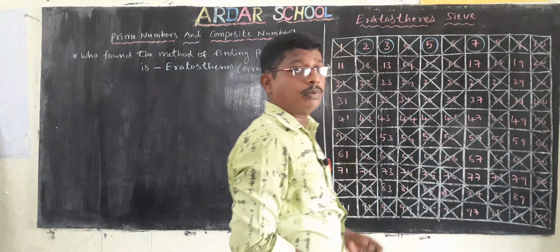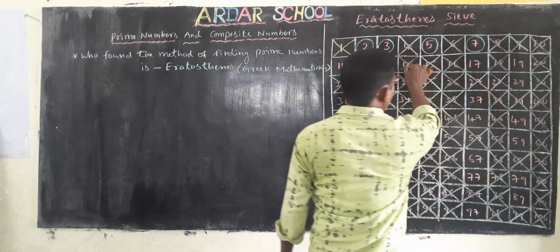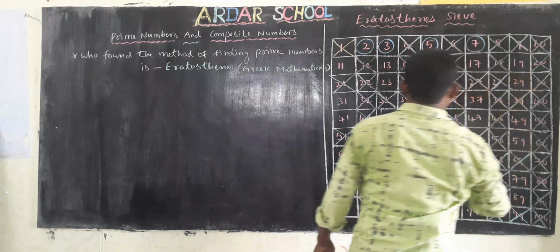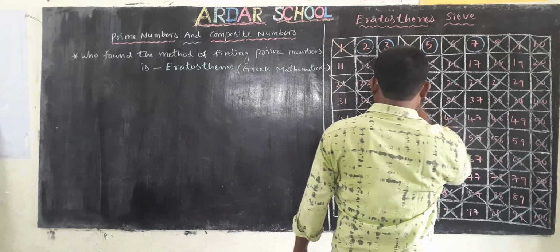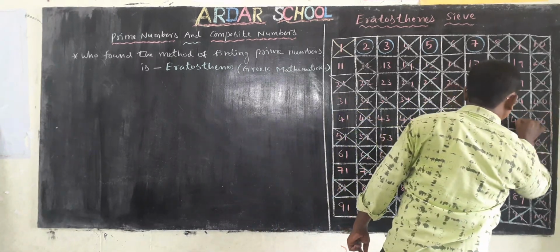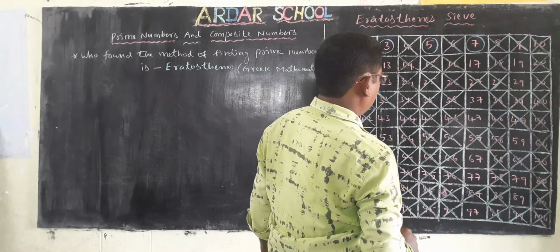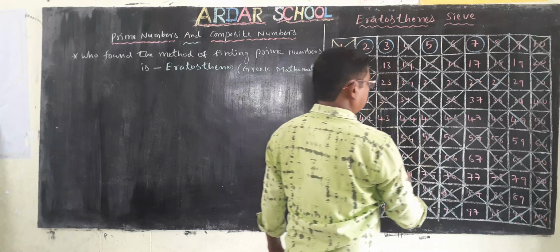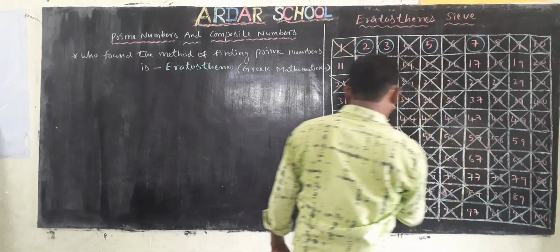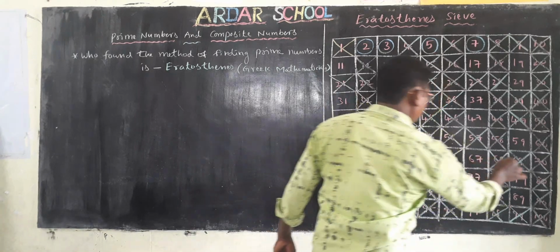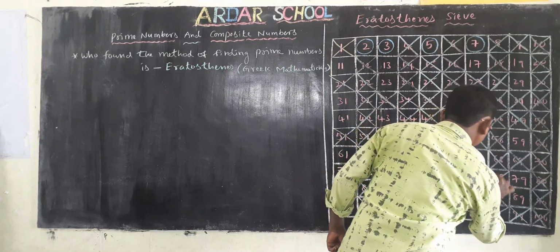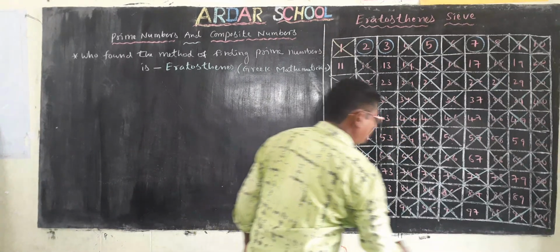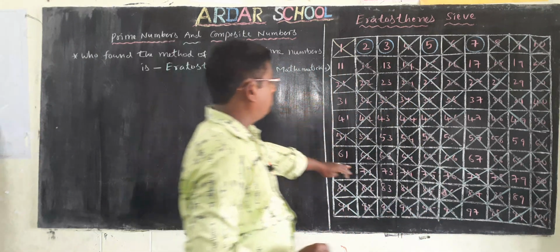Next you have to cross the multiples of 7: 7, 14, 21, 28, 35, 42, 49, 56, 63, 70, 77, 84, 91, 98. These are multiples of 7.